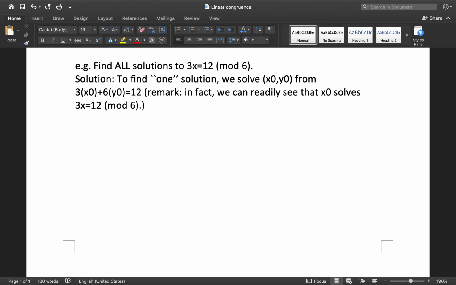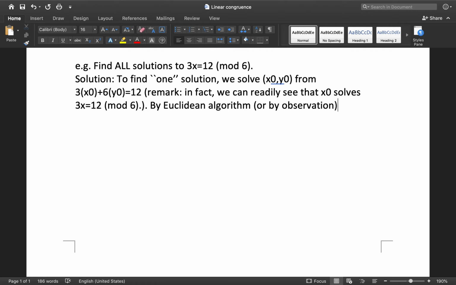Okay? Anyway, so now, how can you solve it? For the linear Diophantine equation, you can have many methods. For example, you can use the Euclidean algorithm, or by observation, because that linear Diophantine equation is quite easy to solve.